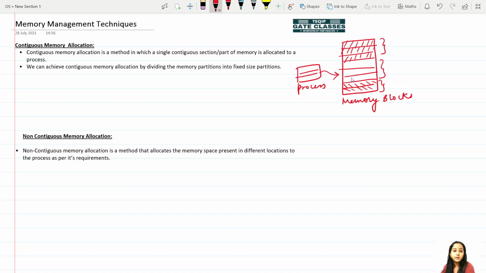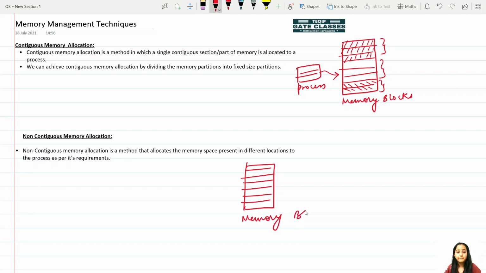So it can place the process according to the requirements. Suppose we have different memory blocks here, and a process came.